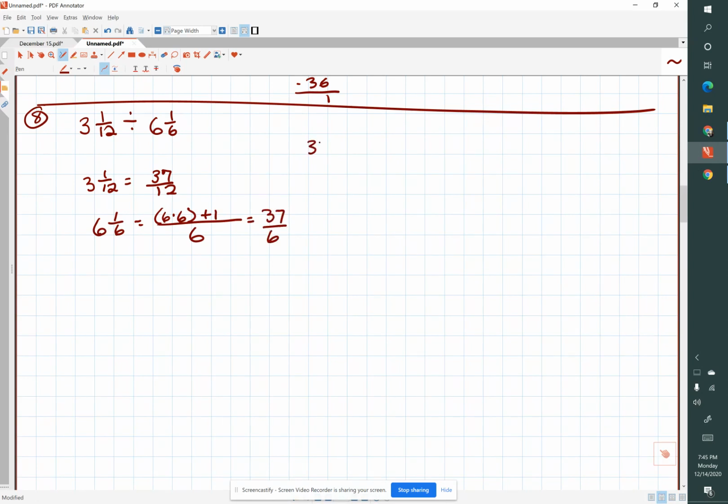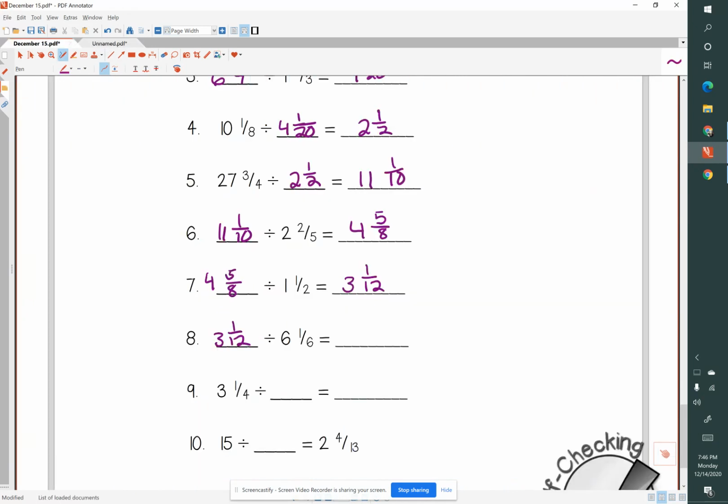So 37/12 multiplied by the reciprocal of 37/6. And I can easily simplify 37s to become 1 because they're the same. 6 divided by 6 is 1. 12 divided by 6 is 2. My final answer is 1/2. That suddenly got easier.